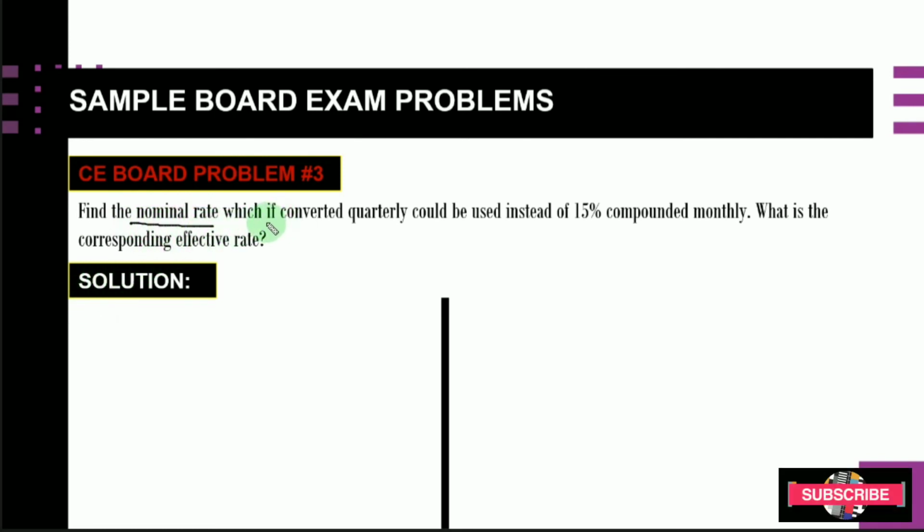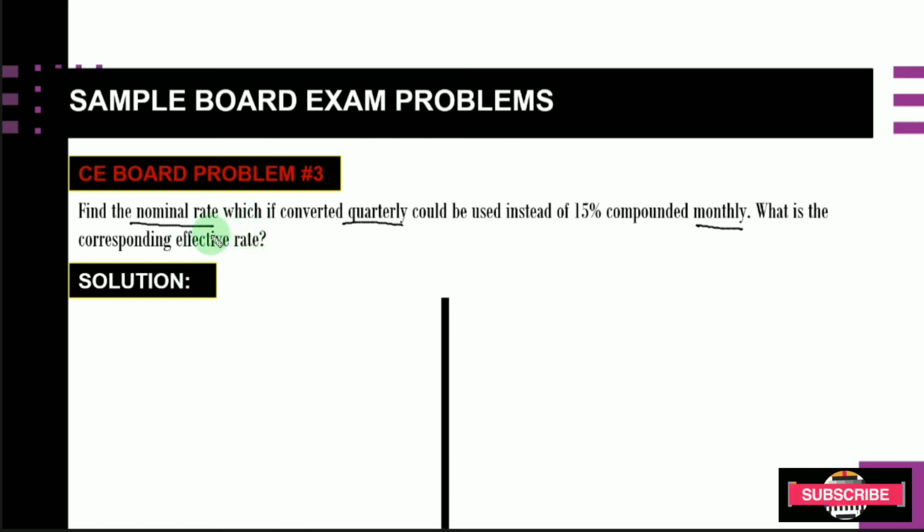And this is if converted quarterly. So take note, we are dealing with quarterly compounding, and the other one is compounded monthly. So based on the formula of our ERI, why do we use ERI in this class?